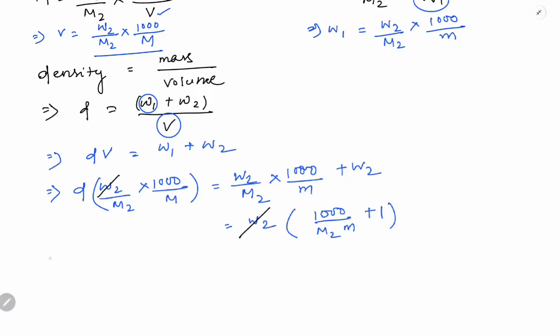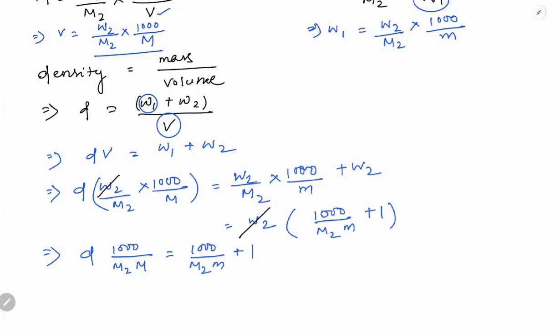Now what's remaining? d times 1000 by M2 M equals 1000 by M2 m plus 1. This will be our formula.